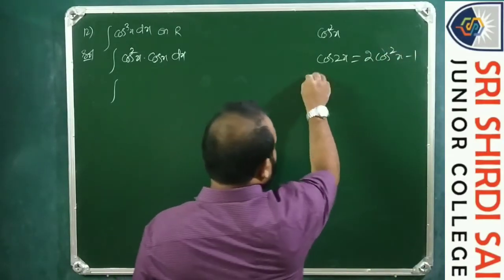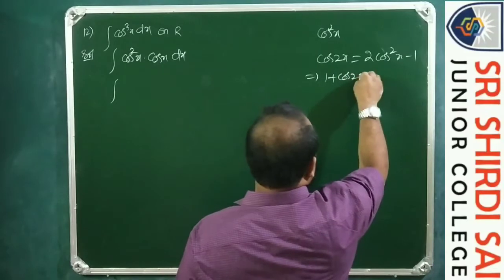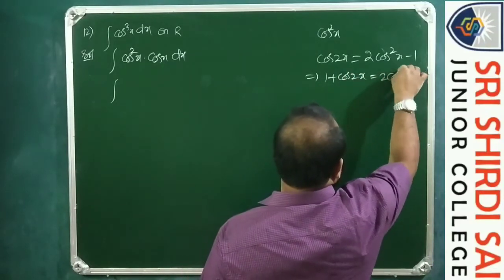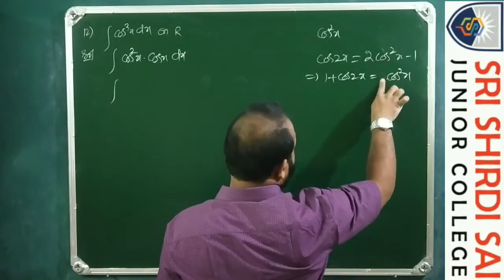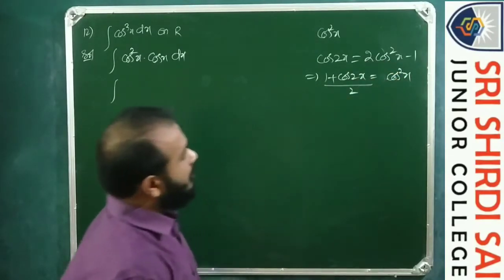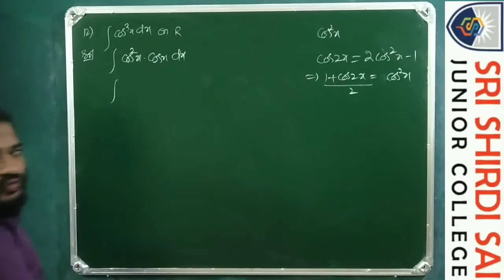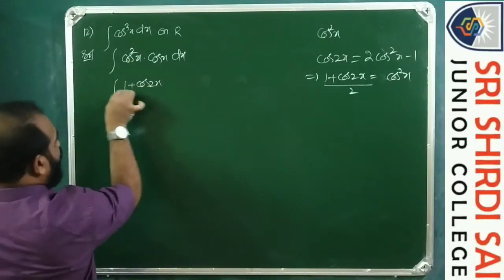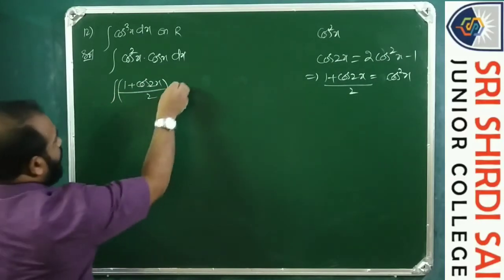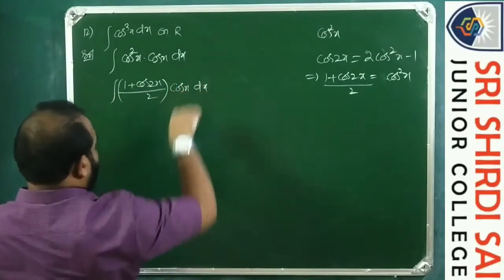So 1 plus cos 2x is equal to 2 cos square x; I have transposed this 2, so cos square x is equal to (1 plus cos 2x) by 2. So this is (1 plus cos 2x) by 2 into cos x dx.